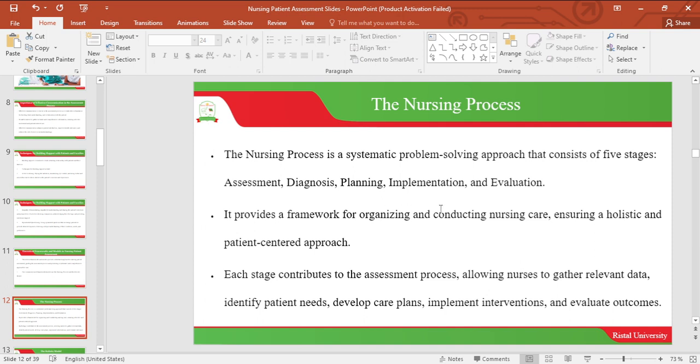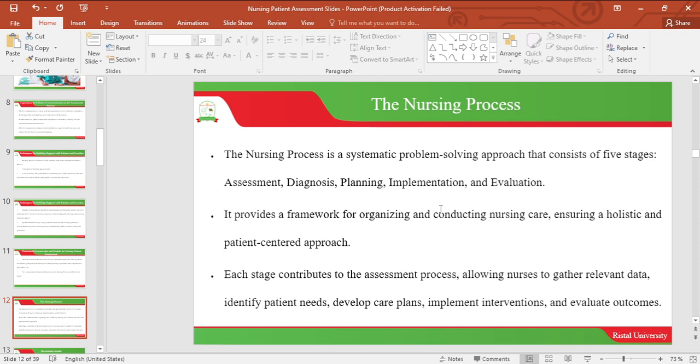Let's look at the nursing process. The nursing process is a systematic problem-solving approach that consists of 5 stages. One is assessment, followed by diagnosis, planning, implementation, and evaluation.